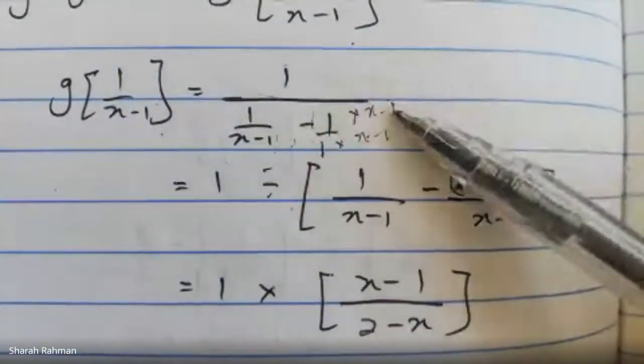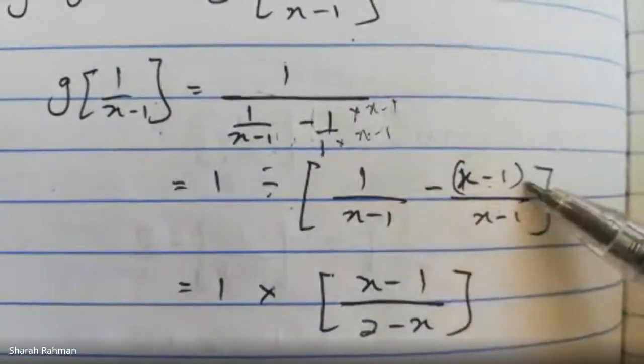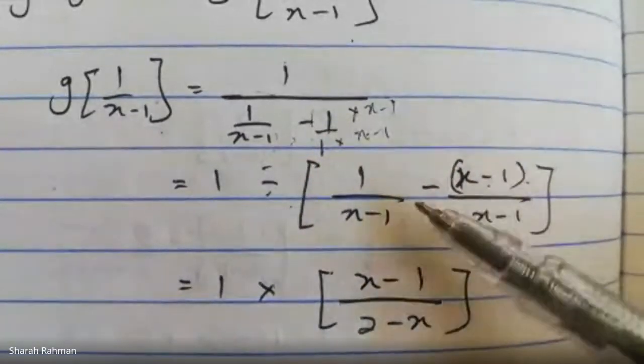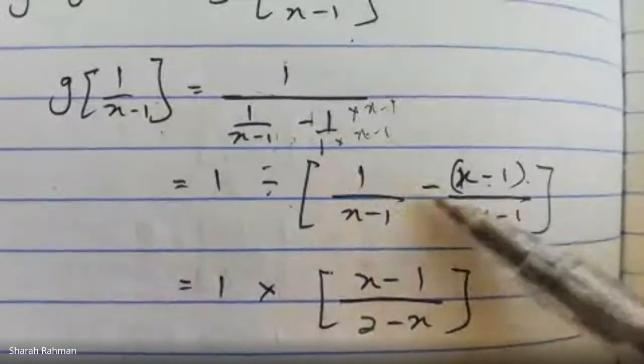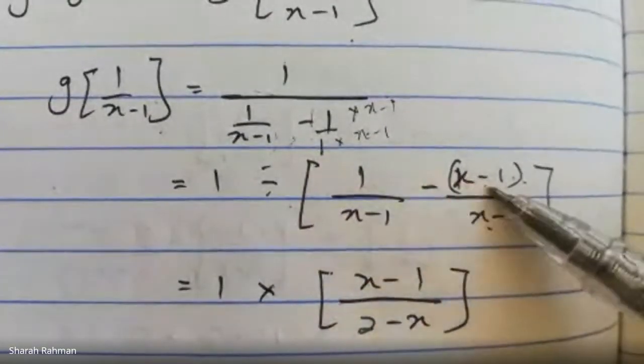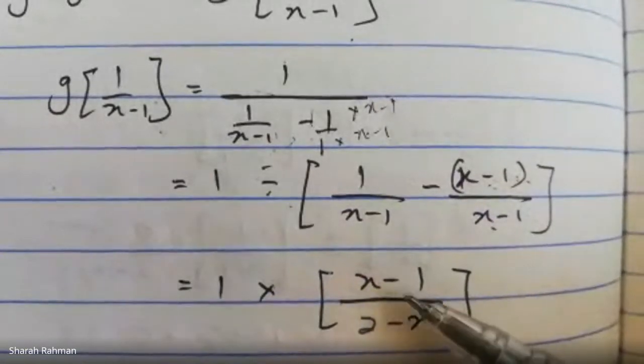So 1 times x minus 1, we will get x minus 1. And the 1 here also, we get x minus 1. Then we open the bracket, which is 1 minus x plus 1.